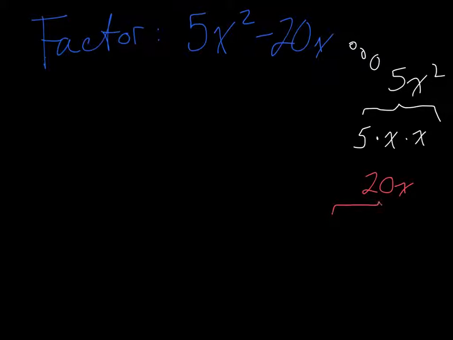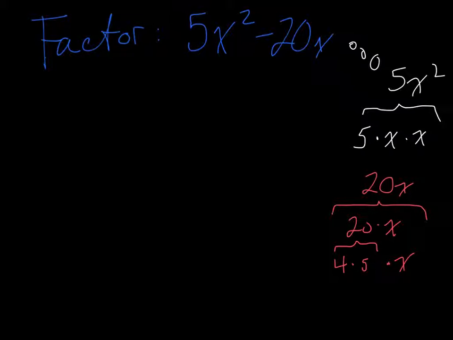in a couple different ways. You can think of 20x as 20 times x, or you can even break 20 further down into 4 times 5, and then we also know that that's times x.